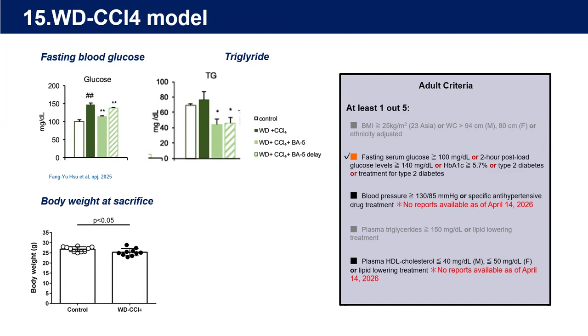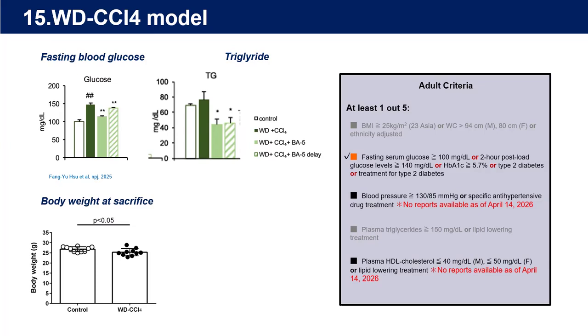This model is designed to promote fibrosis based on exogenous liver injury induced by CCL4. Therefore, the focus of the pathology lies more in liver injury and progression of fibrosis rather than in metabolic abnormalities.